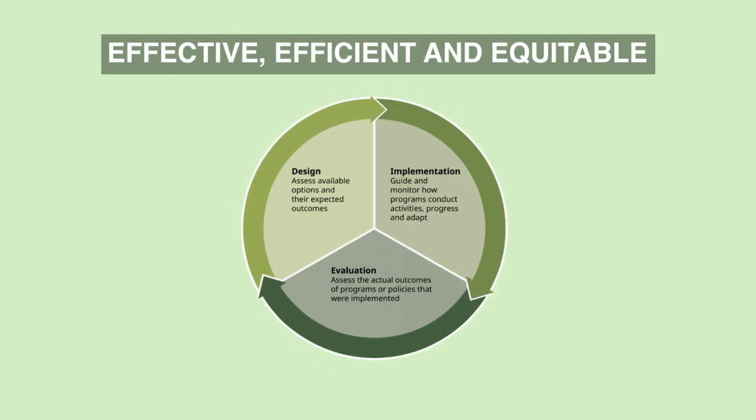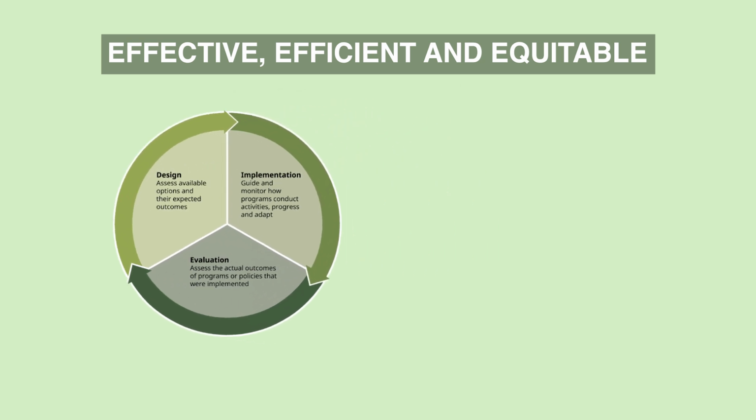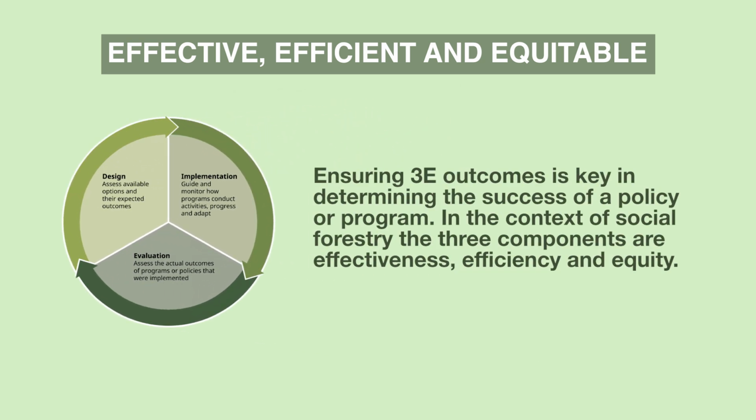So now we will come to the 3E criteria. So what does 3E mean? The 3E stands for effective, efficient and equitable. The ensuring of 3E outcomes is key in determining the success of any policy or program.